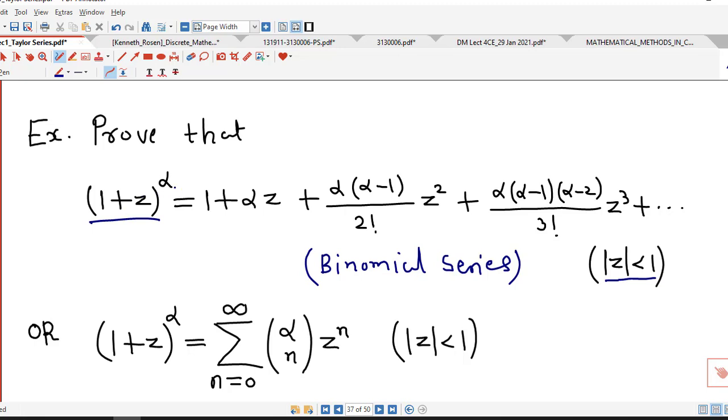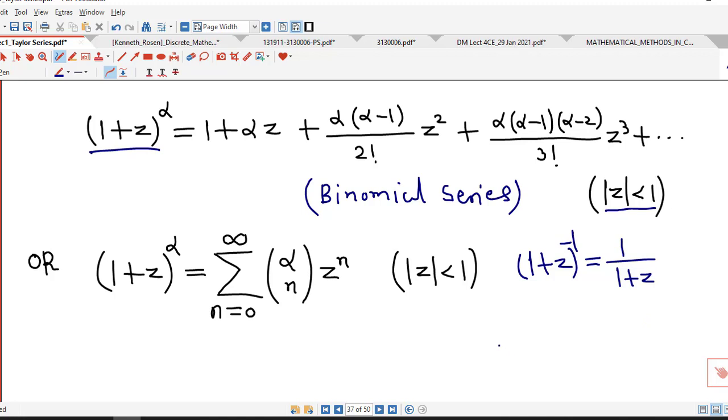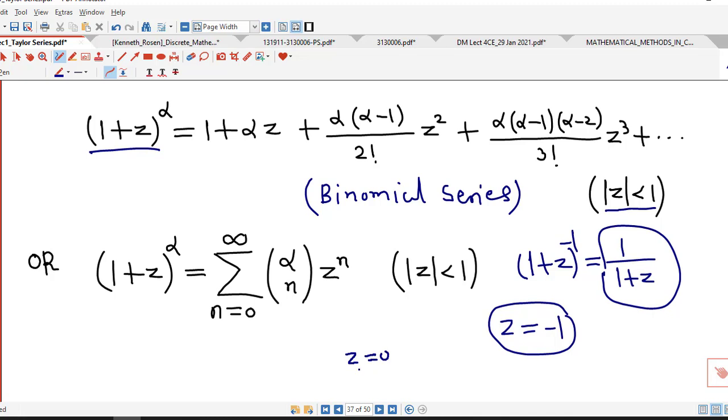For example, if we consider α equal to minus 1, then we will have 1 over 1 + z, and this function is not analytic at the point z equal to minus 1. So the distance of the center of this Maclaurin series, which is z equal to 0, from this point at which the function 1 over 1 + z is not analytic is nothing but 1.